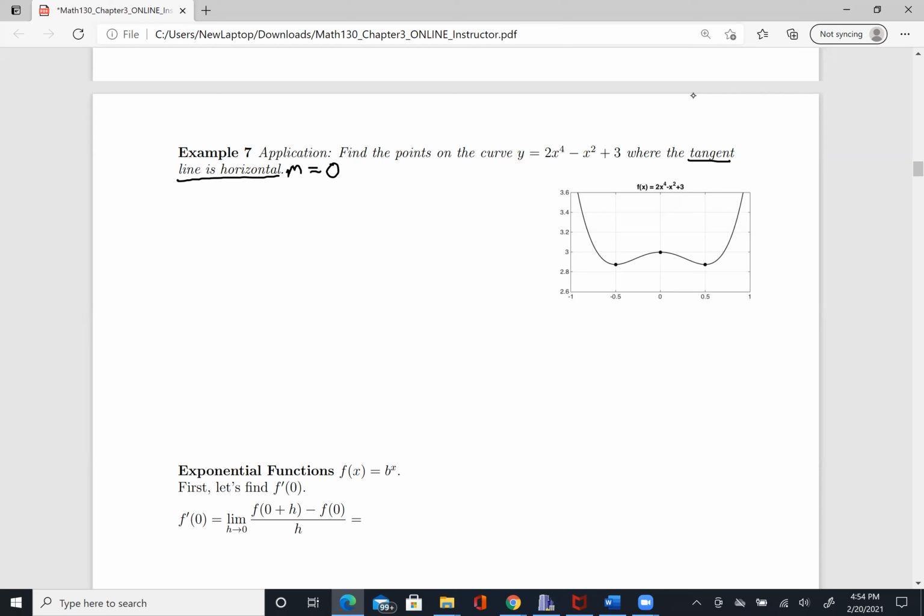And what does that mean? In this case, we need f derivative of x equal to 0, because the slope of the tangent line equals 0, right? So when we have a horizontal tangent line, we are going to have derivative equal to 0.